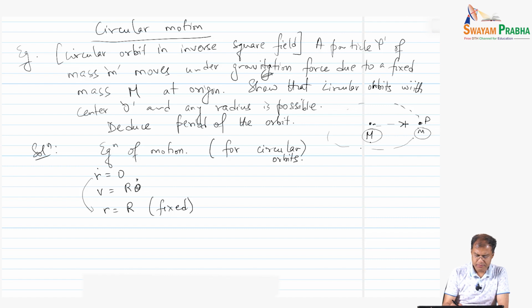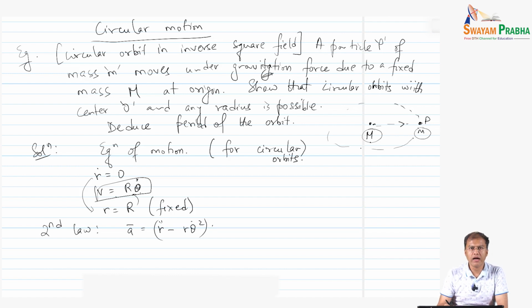Okay, and then V is equal to R theta dot, and my second law shows that my acceleration is given by R double dot minus R theta dot square times R hat, the radial component. I am writing the formula right away from our earlier analysis of motion described with polar coordinates.